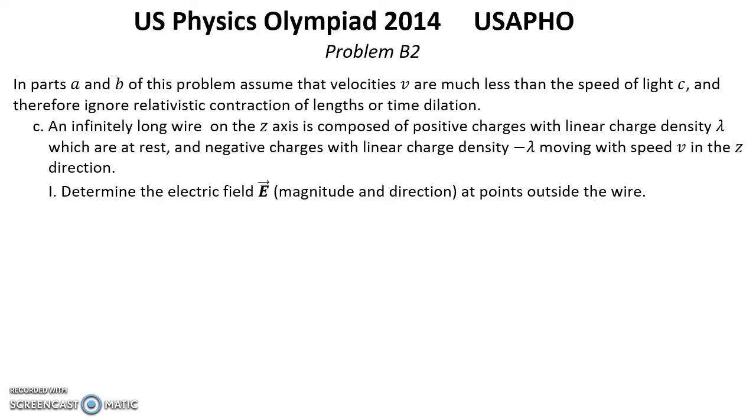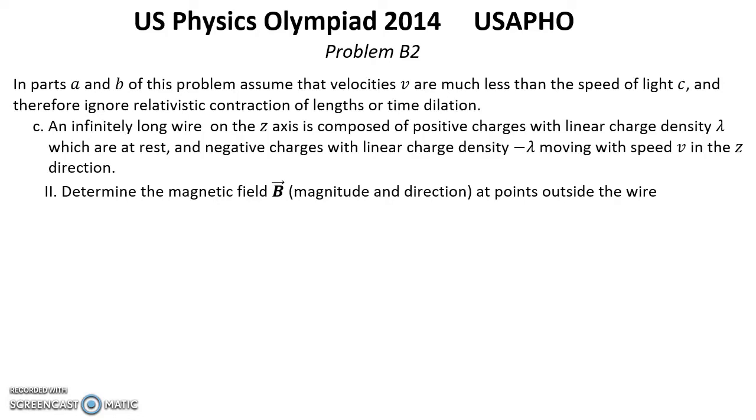Question 1. Determine the electric field E, magnitude and direction, at points outside the wire. Solution. The wire as a whole is neutral, so there is no electric field outside the wire. Question 2. Determine the magnetic field B at points outside the wire.